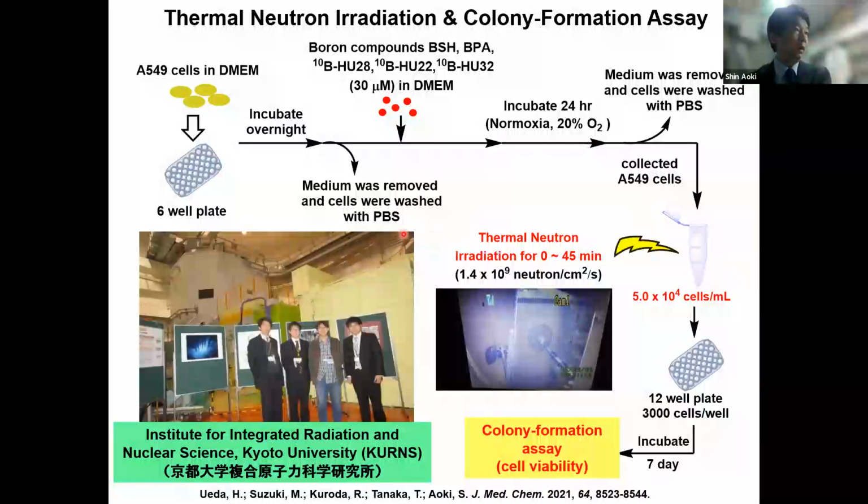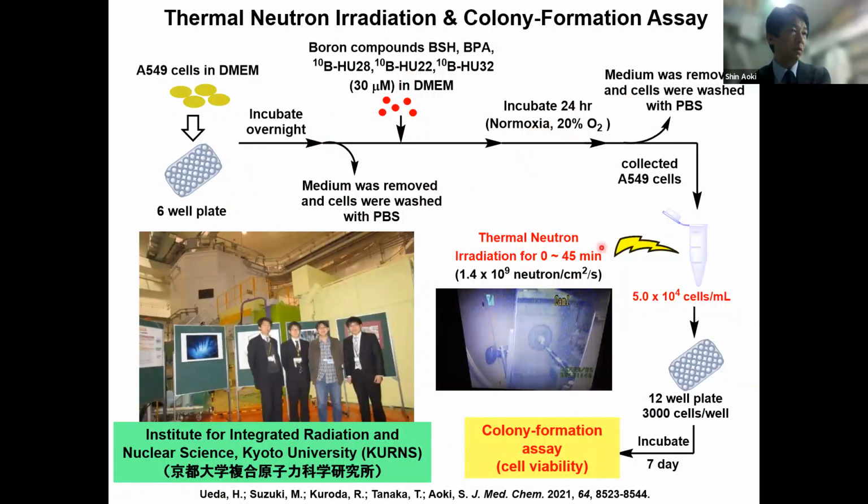After that, we carried out BNCT experiments using A549 cells at the Institute for Integrated Radiation and Nuclear Science, Kyoto University. Namely, the A549 cells were incubated with these boron-10 compounds for 20 hours.